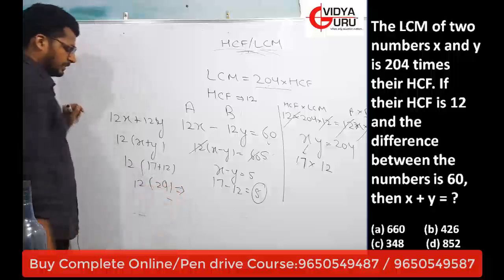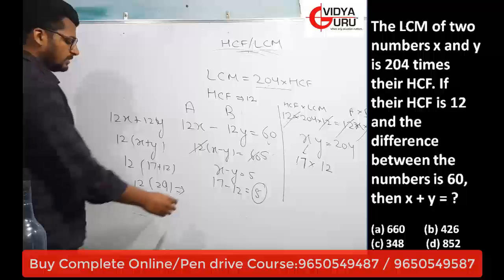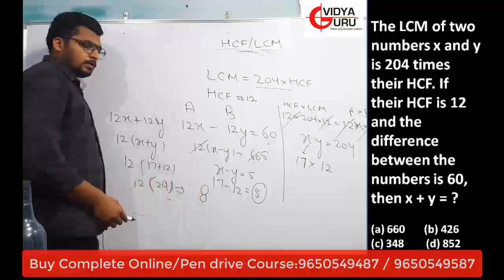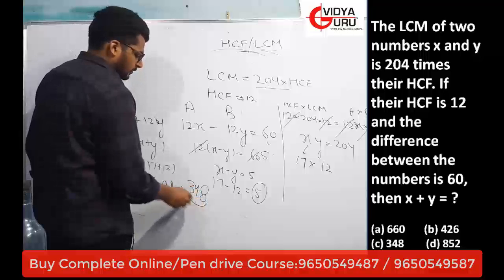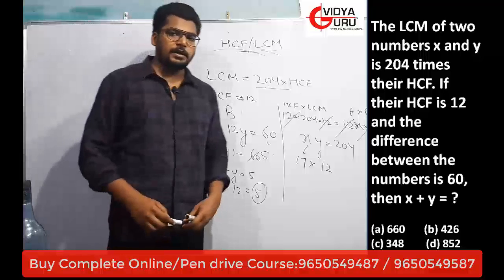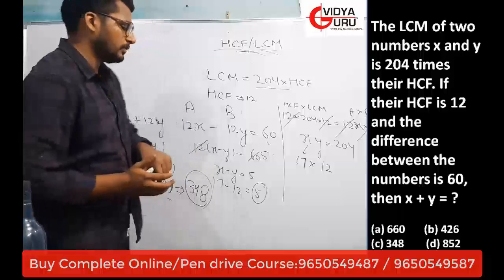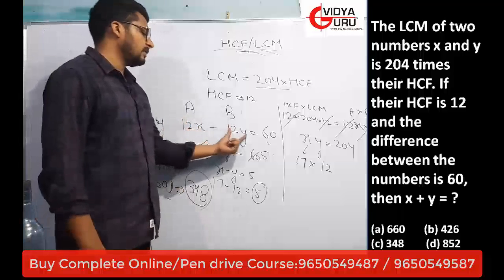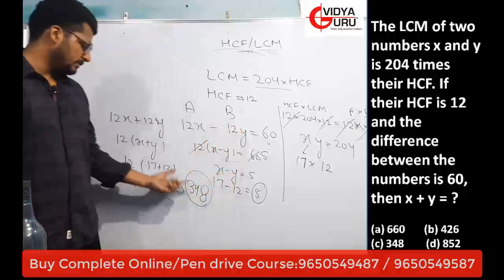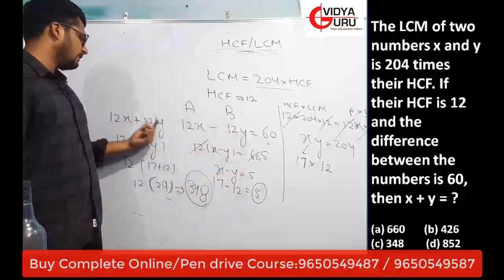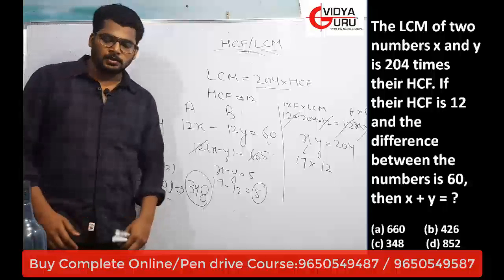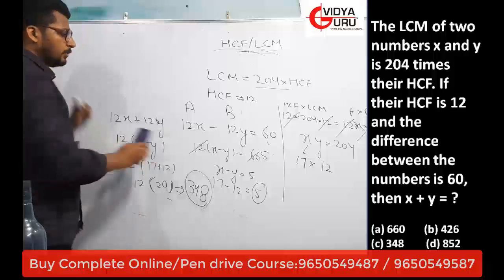So if I multiply this, 12 9s are 108, 10 will be carry, and 12 twos are 24 plus 10, 34, 348. 348, option C is the correct answer of this question. 348 will be the sum of the numbers, or we can first find the numbers and then add them. The answer will be the same. Sum was asked, so 12x plus 12y is asked. Taking 12 as common, in the bracket 29 will come. So the sum will be equal to 348.